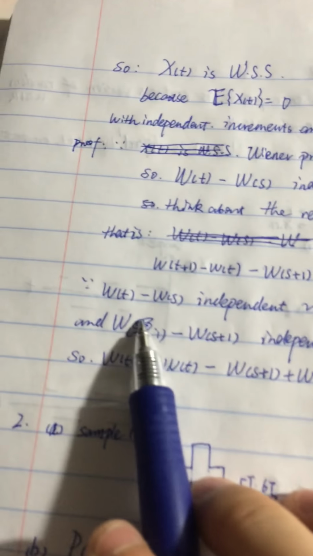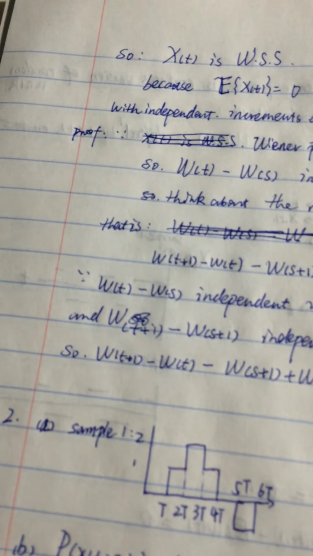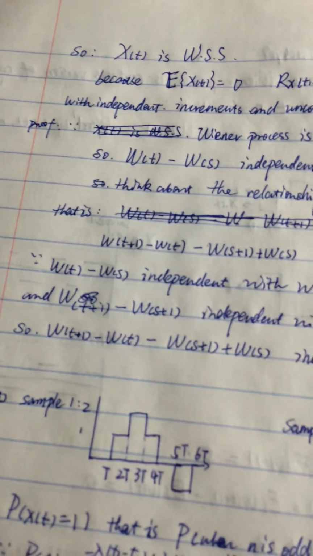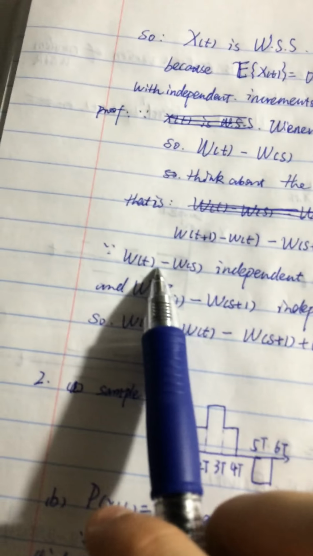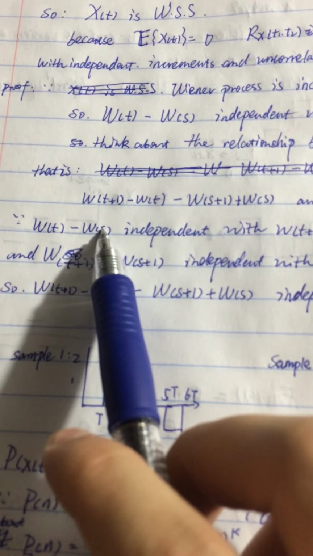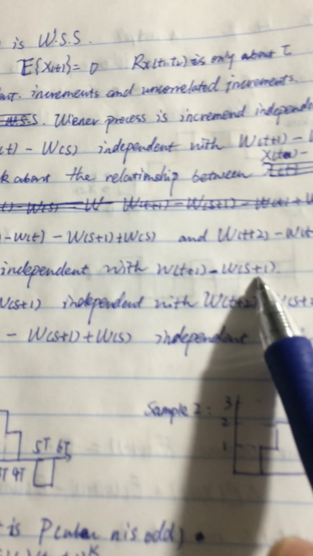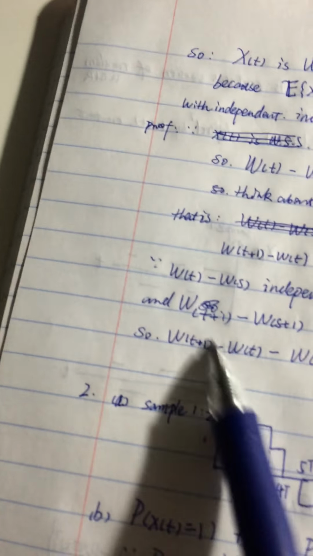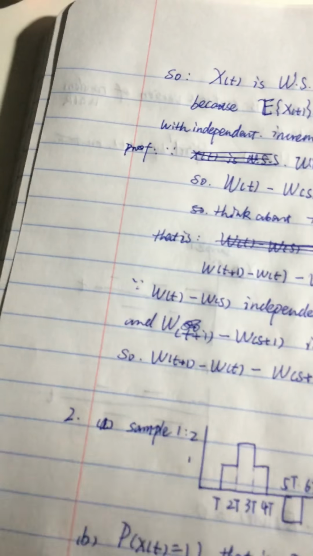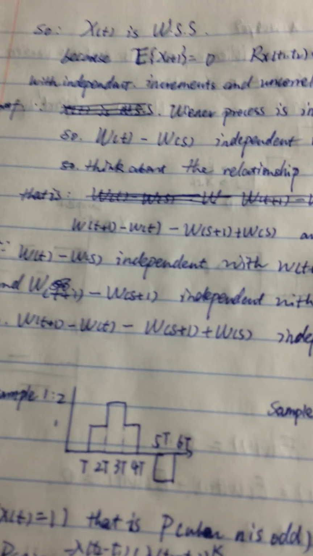Actually, they are independent in pairs. W_t minus W_s is independent of W_{t+1} minus W_t, something like that. So we get the answer: it has independent increments. Because it is independent, it must be uncorrelated in increments. So that's all. This is the answer to the first question.